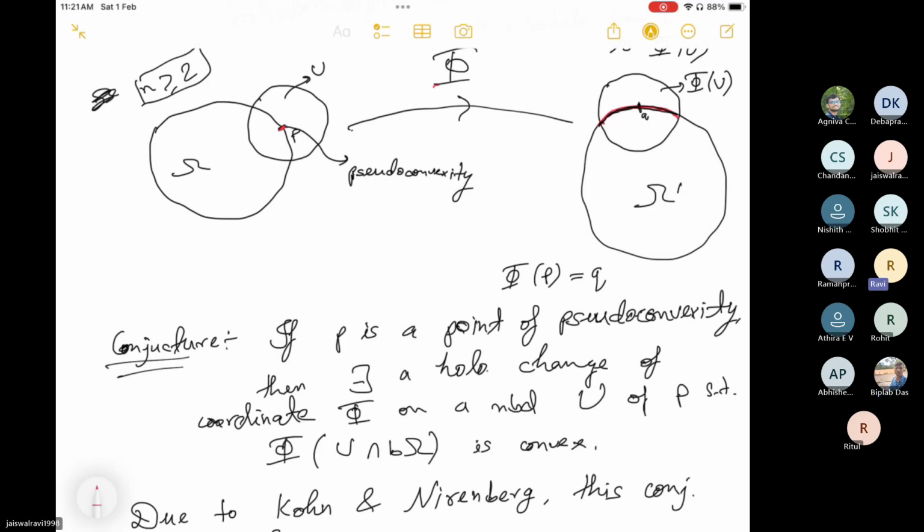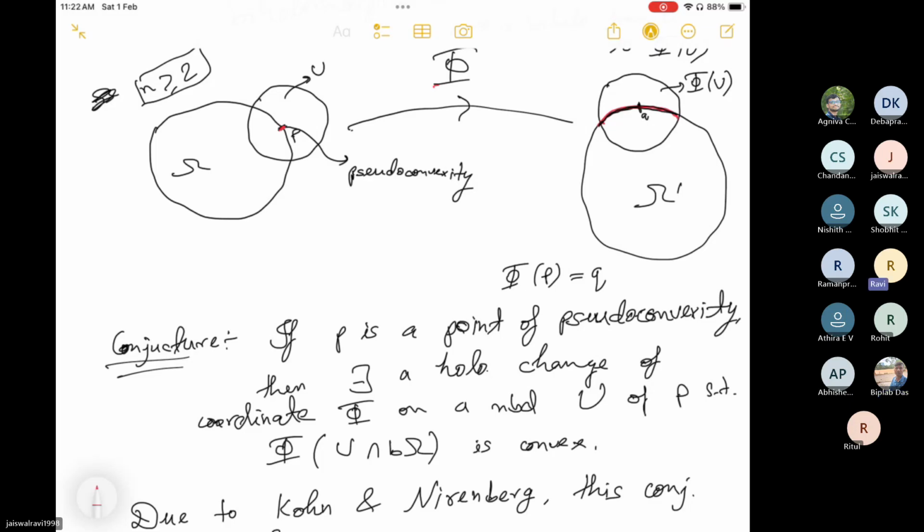Otherwise, if you have a manifold with boundary, you can always find one chart that maps to the upper half plane. But then that map may not preserve pseudoconvexity, because pseudoconvexity is preserved only under biholomorphism. So is there anything like that on the boundary at the point P, if we find the tangent space, and the tangent space is complex or something like that?